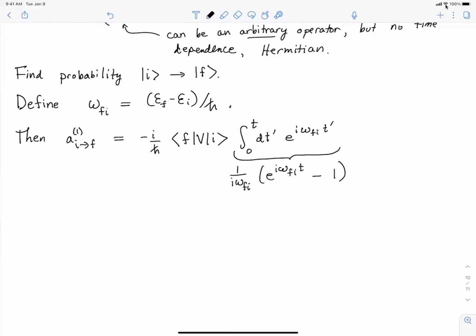And now to make this a little bit nicer, we're just going to rewrite it by factoring out half of the exponential, and then rewrite the rest of this. Okay, so we've just factored out e to the i omega t over 2.